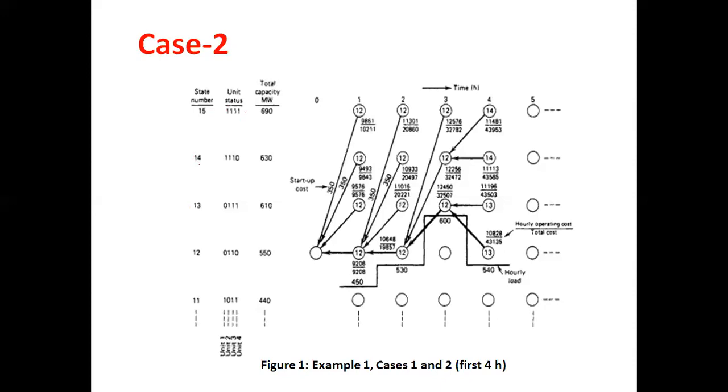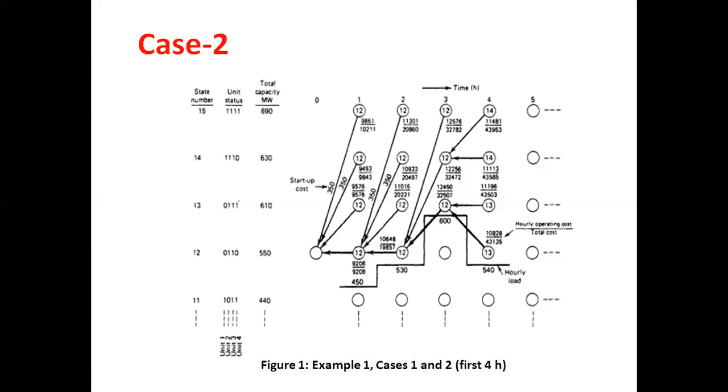For state 14, units 1, 2, 3 are on, where unit 4 is off, and in case of state 13, unit 1 is off and 2, 3, 4 are on, and in state 12, units 2 and 3 are on. So when I move from state 12 to state 13, we have to turn on unit 4. But unit 4 is the most inefficient unit.